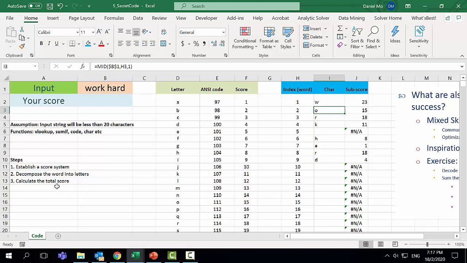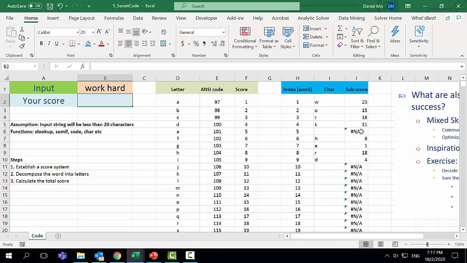Now it is time to calculate the total score. For the word WORK HARD as the example, how can we know the total score? It will be the sum of those identified scores added together. By that, we can try SUM or SUMIF.